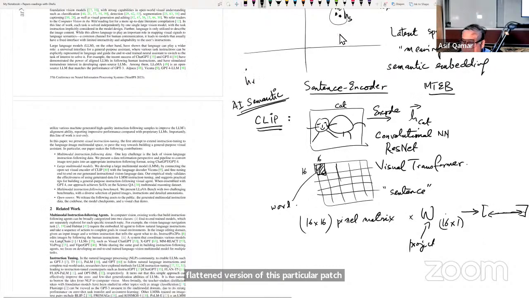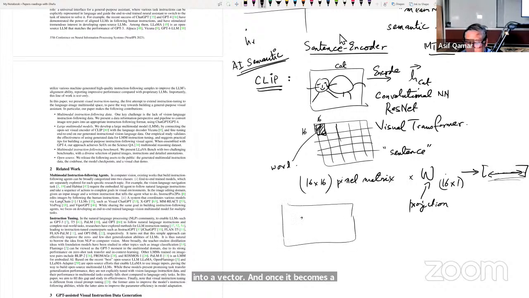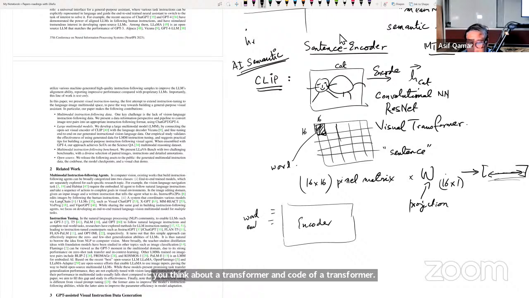So you can flatten it using a projection matrix. And this is a standard matrix multiplication, but think of a way that somehow you can convert this into a vector. And once it becomes a vector, then if you think about an encoder of a transformer, what does it take? It takes word embeddings with, of course, the position embedding, but position embedding is implicit here.